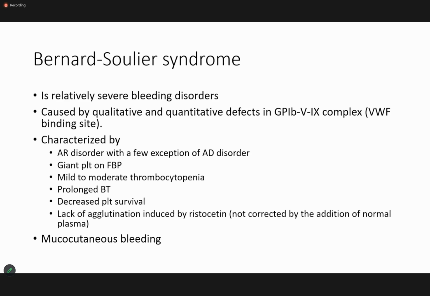For platelet aggregation, there will be a lack of aggregation induced by ristocetin, and this is not corrected by addition of normal plasma. Towards other agonists, they have normal aggregation, and these patients will have mucocutaneous bleeding.